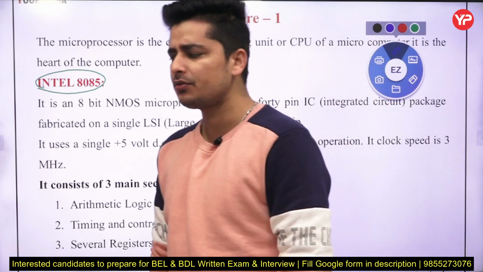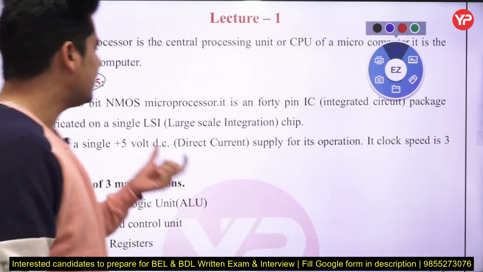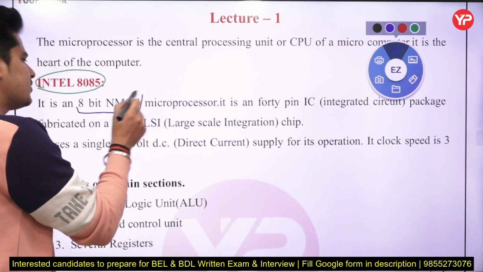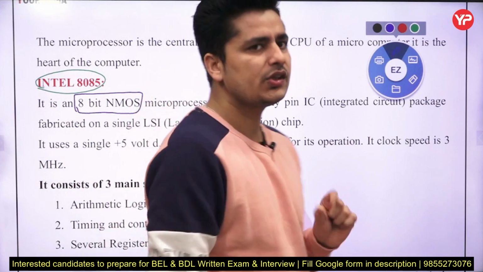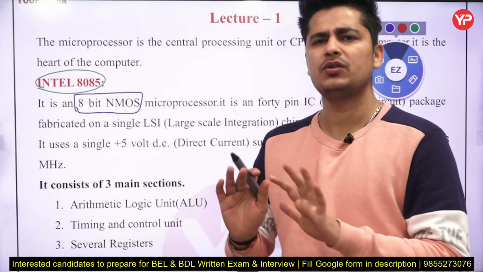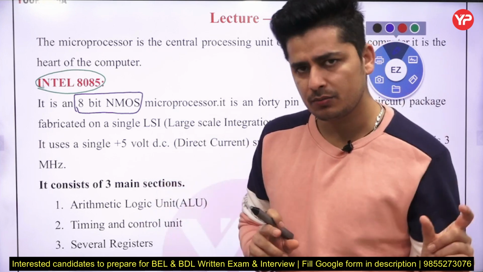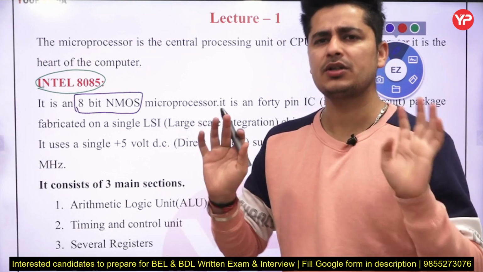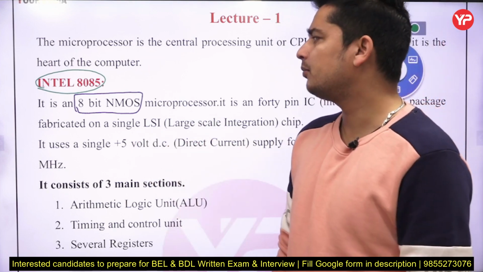Before going to its structure, you have to know that this 8085 microprocessor is an 8-bit microprocessor. It is using 8-bit data, in the form of registers and the accumulator, and all the arithmetic and logical operations will be performed on 8 bits. That's why it is called an 8-bit microprocessor.